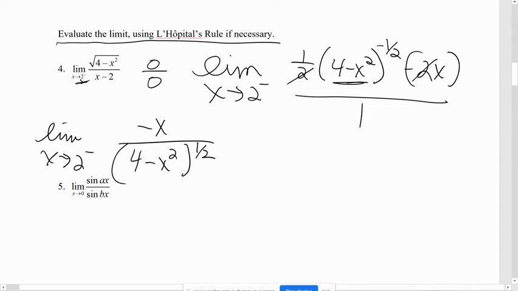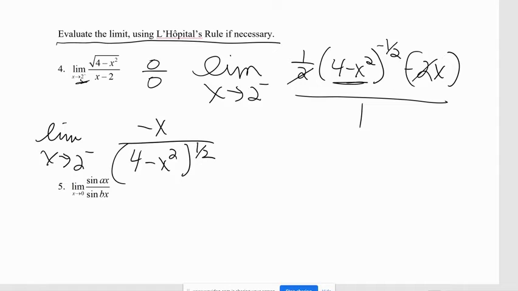Okay, so if we substitute in 2 now, I'm going to get negative 2 on top, and on bottom, I'm going to be dividing by 0 again. So that's no good. It is not a candidate for L'Hopital's because it is not 0 divided by 0. So I can't do L'Hopital's again. And actually, you can, as long as it is the indeterminate form, you can do L'Hopital's several times.